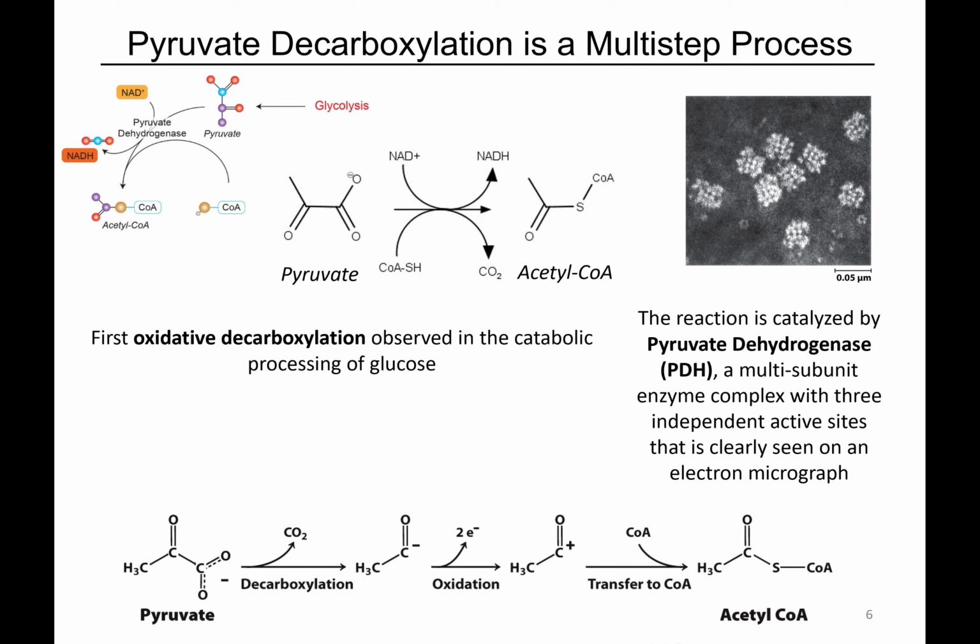Okay, we generate a carbanion. It's holding on to 2 electrons. That then gets oxidized. Those 2 electrons are given to something else, creating a carbocation, which can then be transferred onto acetyl-CoA. Okay, so we look at these intermediates, our carbanion, our carbocation, and we immediately know that these can't be stable. So this must be facilitated by something else.